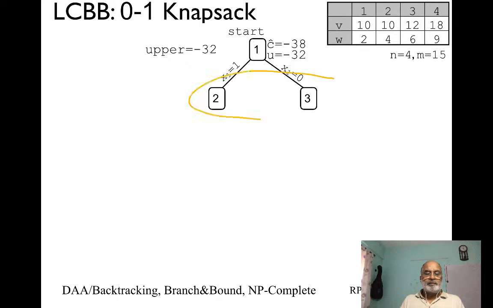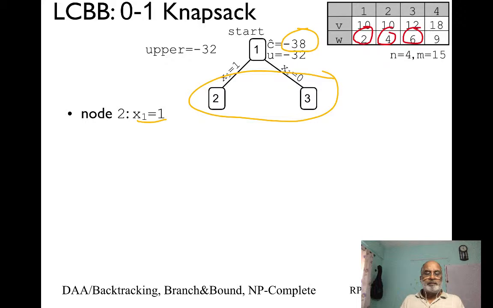Now my live nodes are 2 and 3. Now look at live node 2. When x1 is equal to 1, what is my cost value? If I keep including, remember, I'm excluding the path where this node is not included, and hence whatever my cost was is not going to change. So when x1 is equal to 1, that means this weight is already included, and it will go 2 plus 4 plus 6, which makes it 12. And the moment I include 9, it exceeds the capacity.